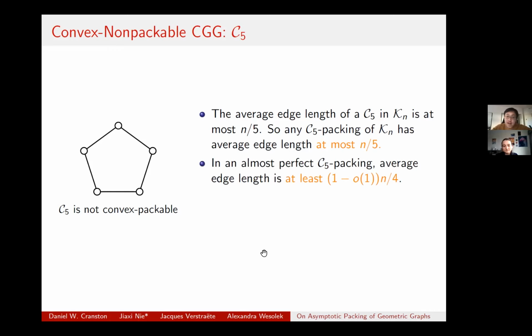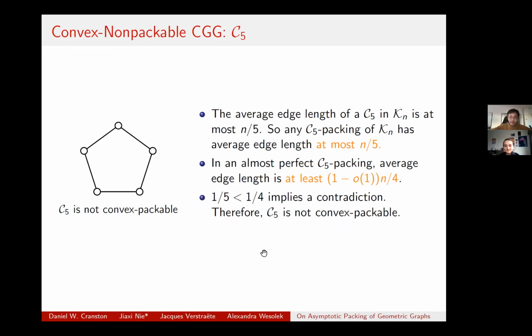And we already know that the average edge length of Kn is something like (1 plus little o of 1) times n over 4. In an almost perfect C5 packing, it will cover almost all edges, so the average edge length will be at least (1 minus little o of 1) times n over 4. So this average edge length is at most n over 5 and at the same time at least n over 4. Since 1 over 5 is less than 1 over 4, this implies a contradiction. Therefore, C5 is not convex packable.